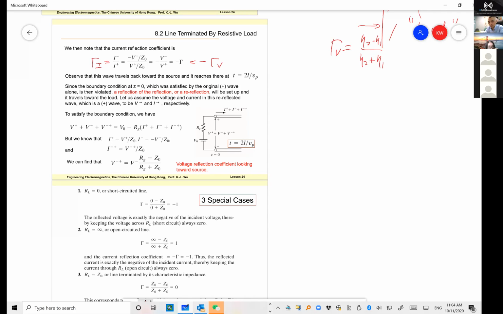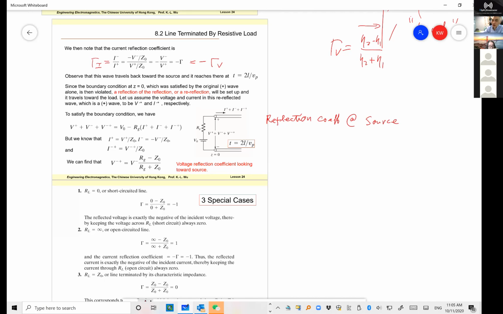By the same token, we can also determine the reflection coefficient at the source.